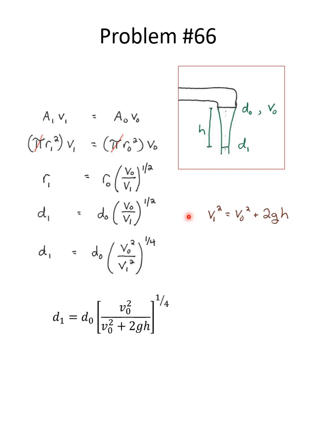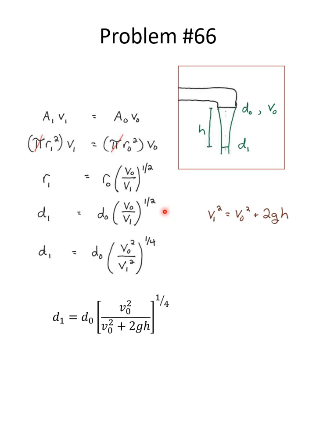And what we need to do, you notice that at this line, the D1 line, it's got V1. But our kinematic equation involves V1 squared and V0 squared. So what we can do is before we apply the kinematic equation, let's turn the diameter equation into something involving the velocity squared. So what I'm doing from this line to this one line is I'm squaring everything in the parentheses and then taking the fourth root.